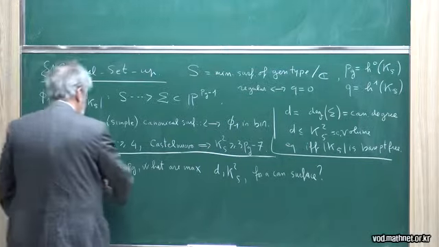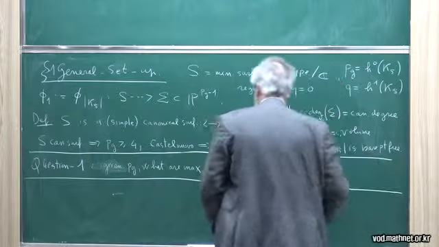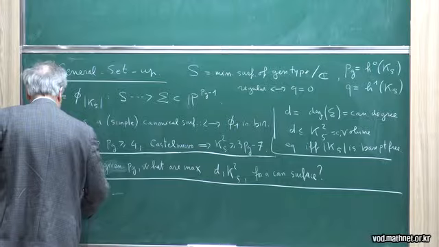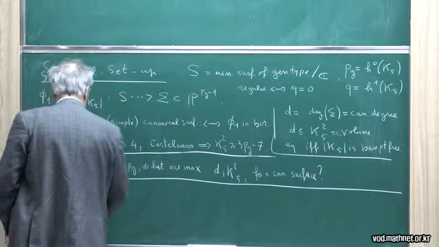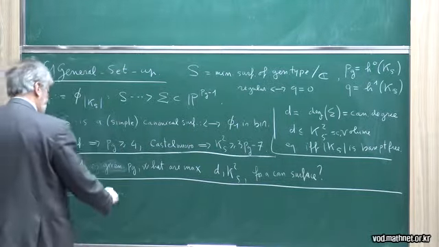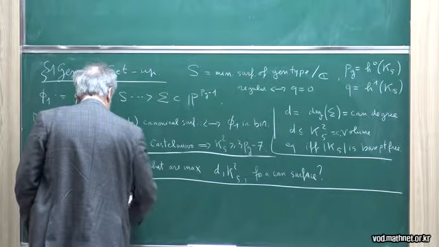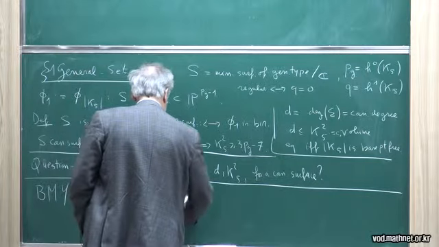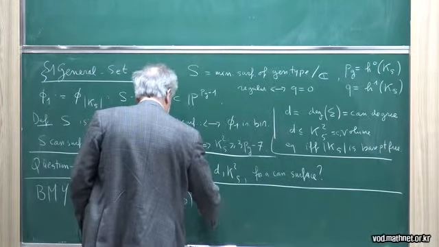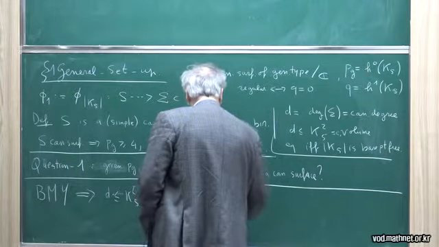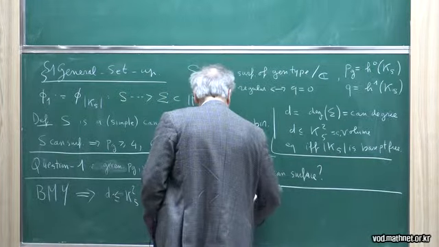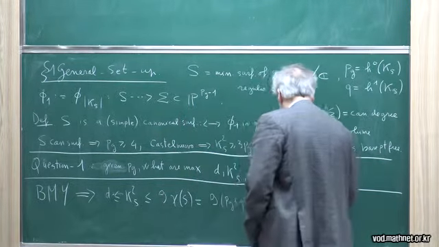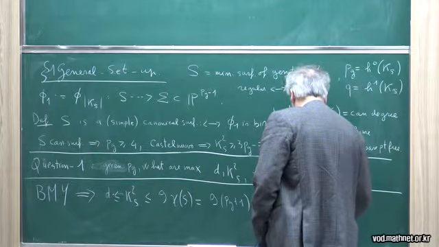Now there is, of course, the inequality by Bogomolov, Miyaoka, and Yau, which says that K squared is smaller than 9 chi of S, which is 9 times (p_g plus 1 minus q), which is 9 times (p_g plus 1) when q is 0.